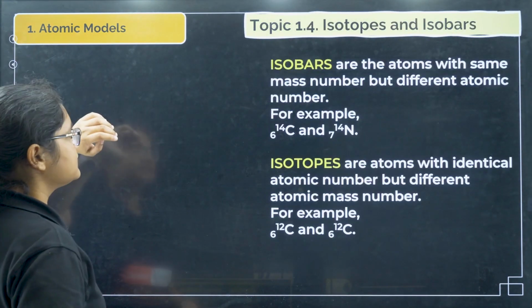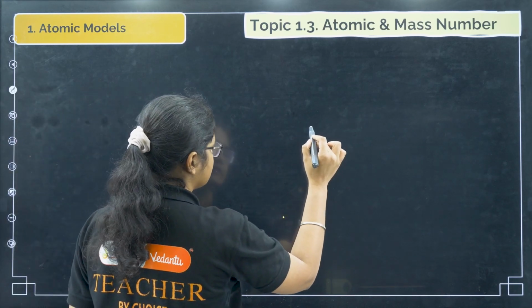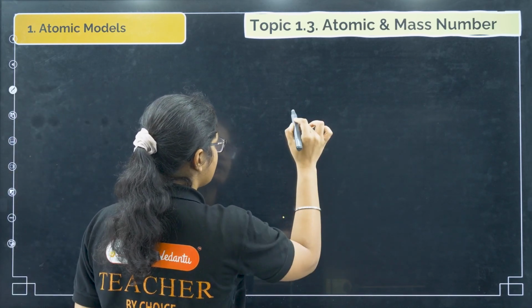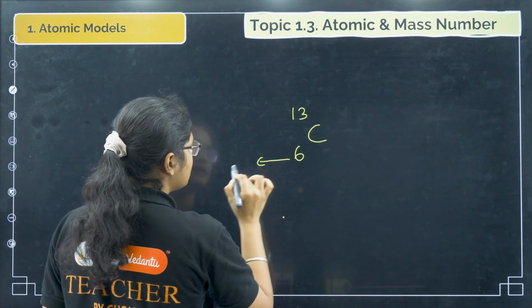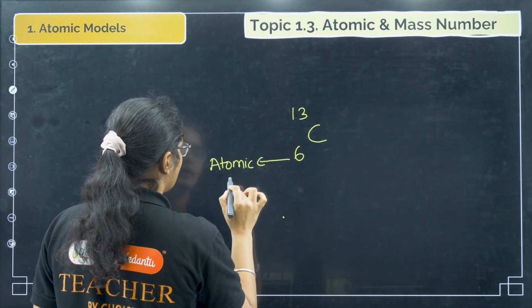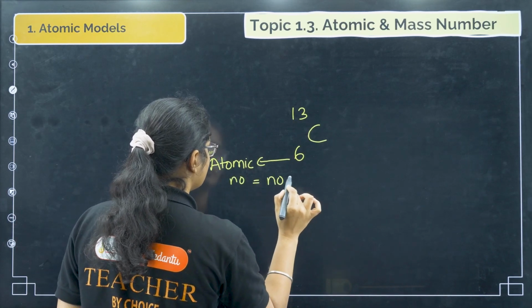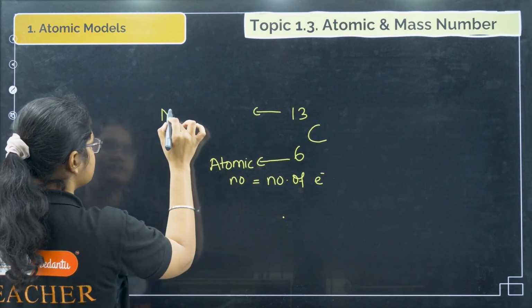Now let us see what atomic number and mass number are. For example, suppose I write carbon 13, with 6 as the atomic number. The atomic number is equal to the number of electrons (in a neutral atom), and 13 here is the mass number.